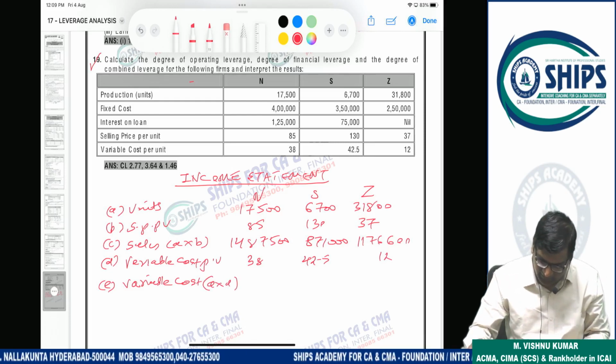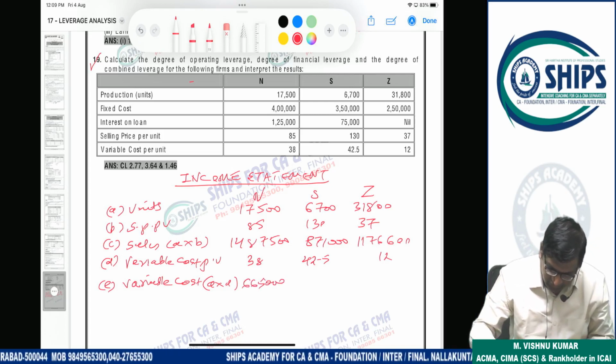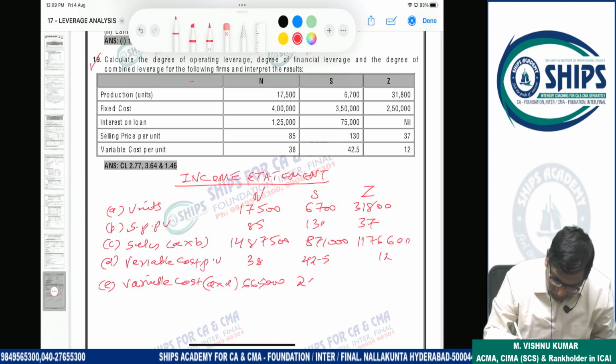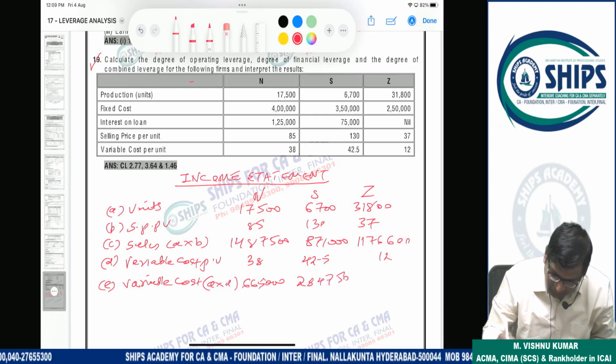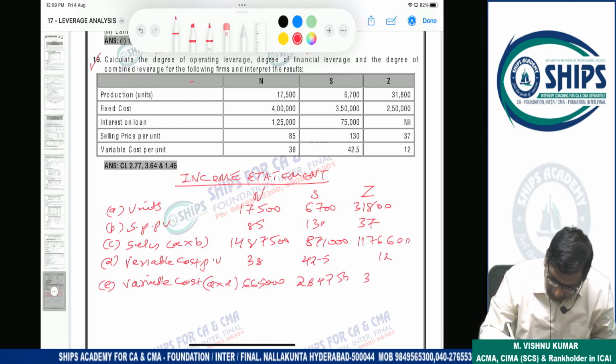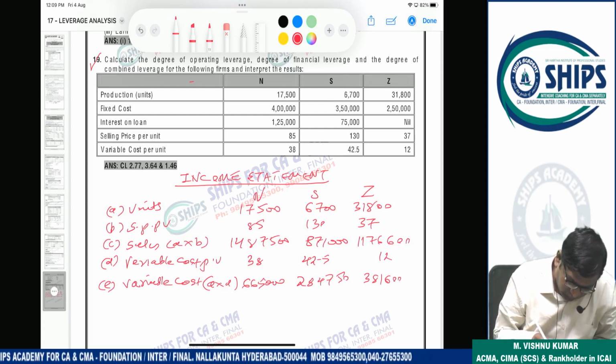So 17,500 into 38, 6,65,000. 6,700 into 42.5, 2,84,750. 31,800 into 12, 3,81,600. Okay, first we have to calculate contribution.